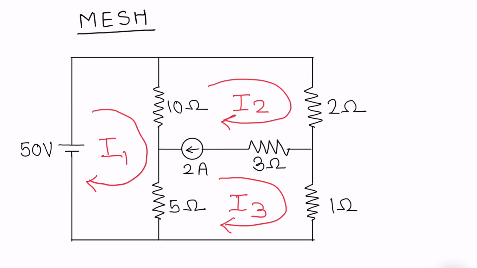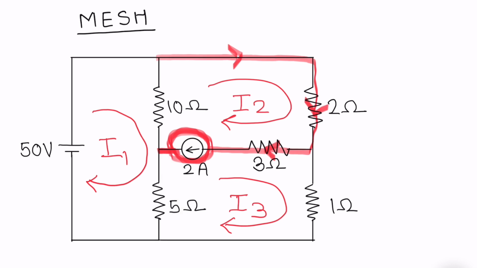Now, why does this have to be done? If you try to write down KVL for loop 2, you are going to face a specific problem. Let us see. Here you can write down minus 2 into I2, here minus 2 into (I2 minus I3). But when you reach this particular point, the voltage across this current source cannot be represented.